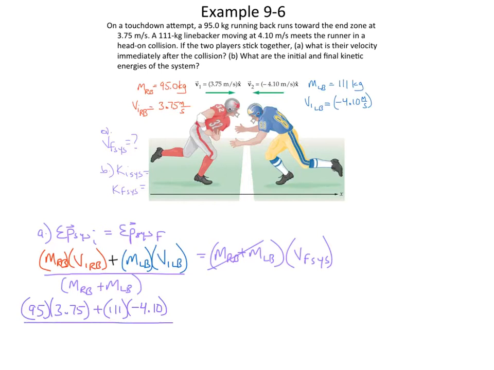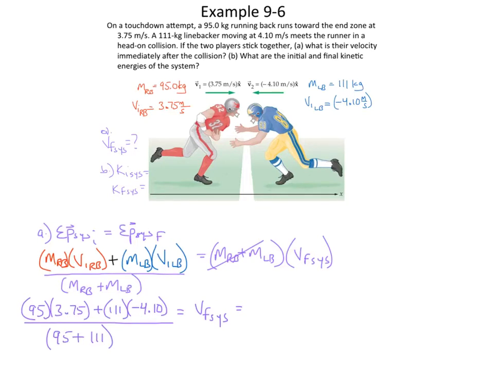And all this is going to be divided by the mass of both. So 95 plus 111. That's going to give us our final velocity of the system. I'm going to grab my calculator. I'm going to key that in, and I imagine you will too.